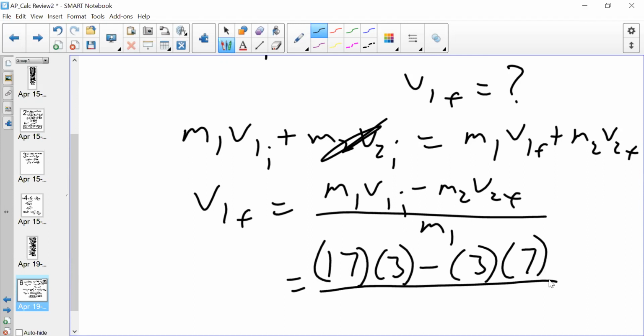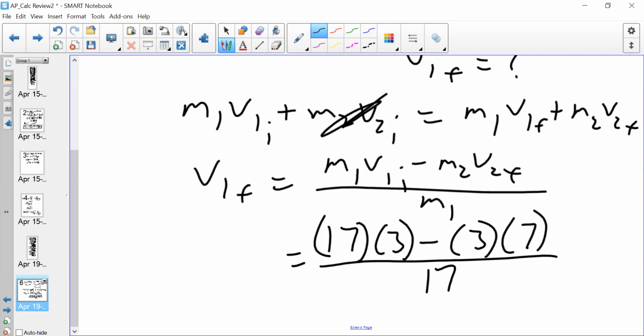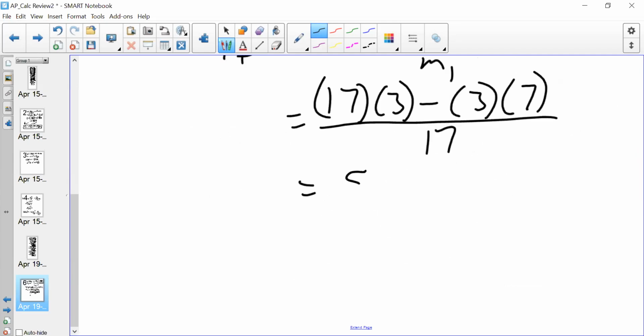And I'm assuming that they're going to be going in the same direction after, but the larger mass is going to move slower. That's an inference: bigger mass moves slower, smaller mass moves faster. I just gave these numbers here. And so this is 17. So this will be 51 minus 21.